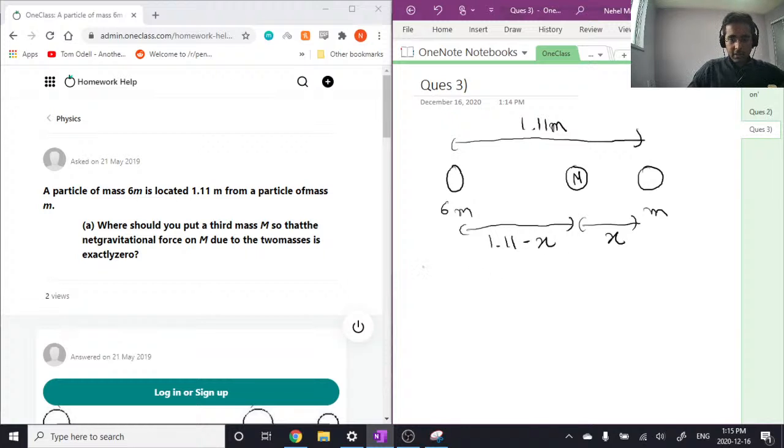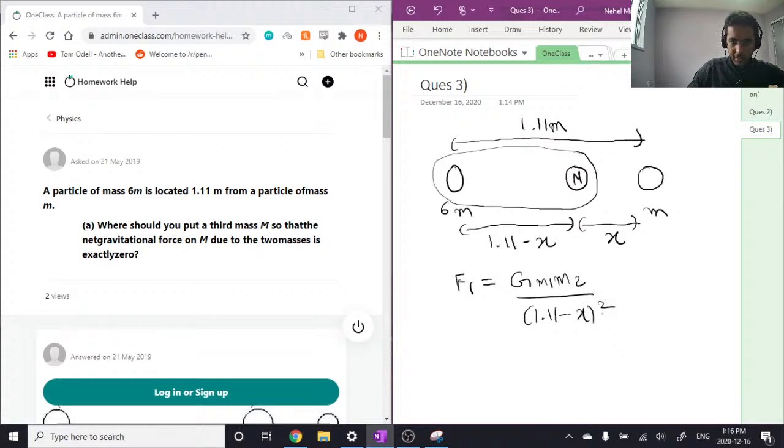For the system A, which is the first two masses, we can say the gravitational force F1 would be equal to G m1 m2 over r squared, which is the distance squared. In this case, the distance is 1.11 minus x squared.